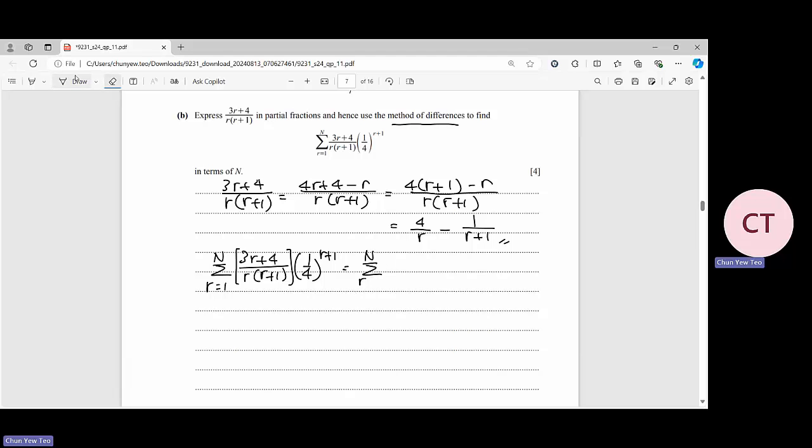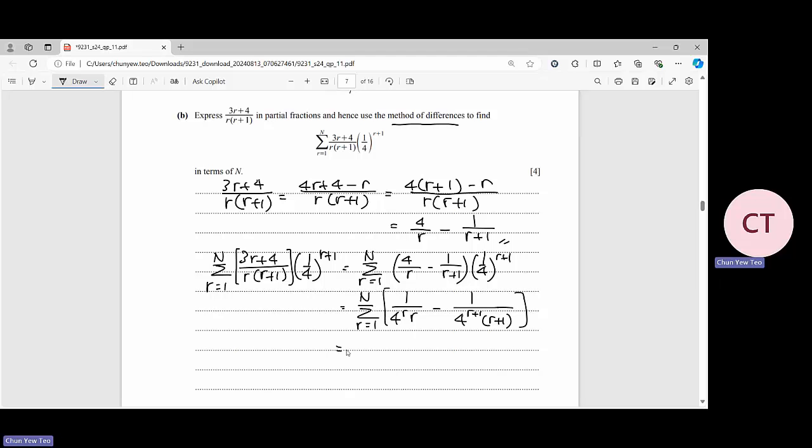Put it inside, then you have 4 over r minus this, and if you put it inside, you will get 1 over 4 power r times r minus 1 over 4 power r plus 1 times r plus 1.